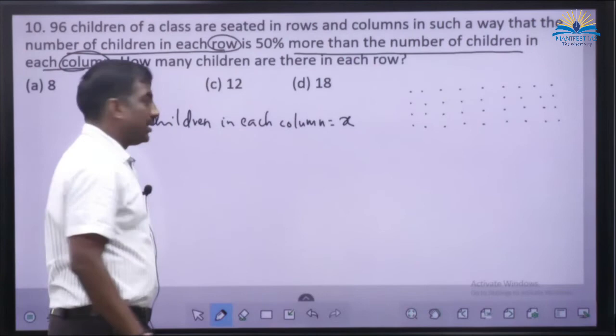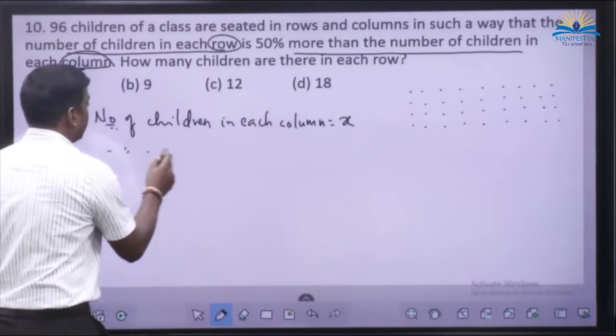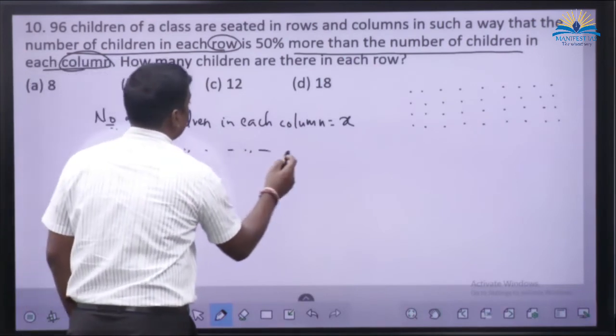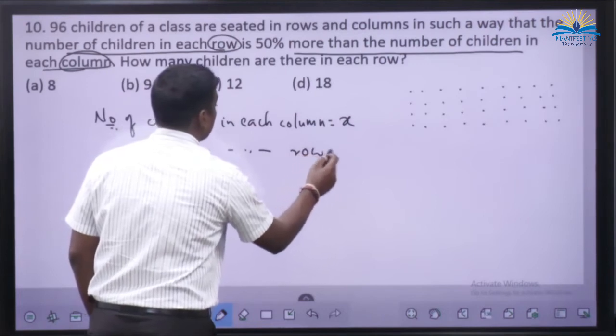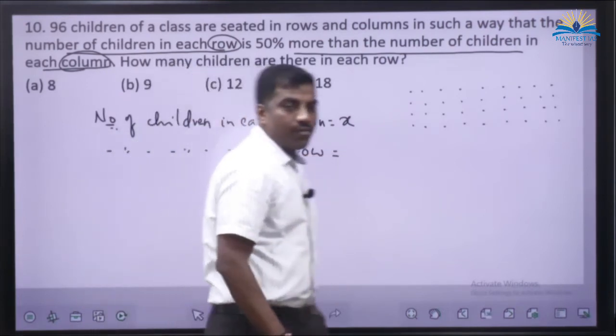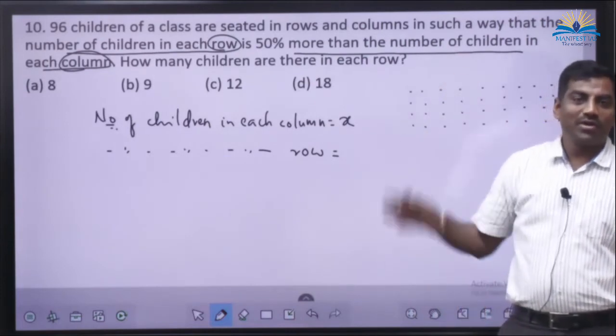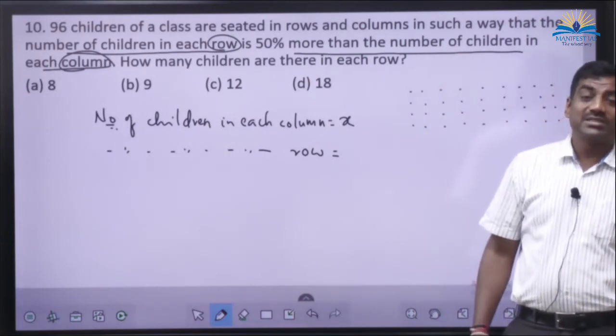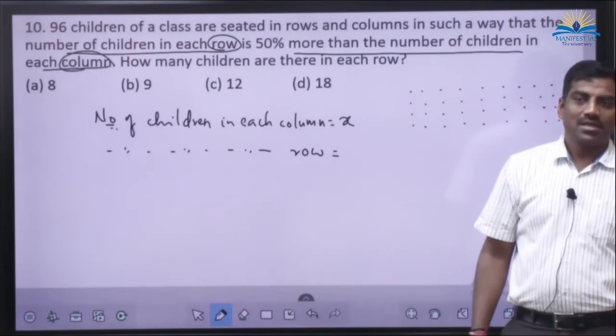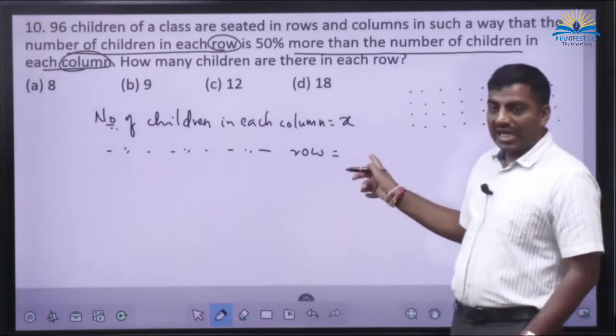Then the number of children in each row is equal to Y. Already they have given, no? 50% more than X. What should I write here? Tell me. I'll not explain.